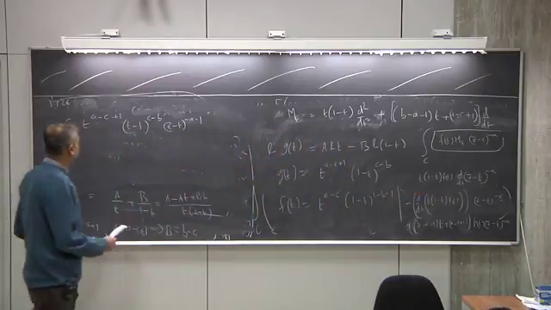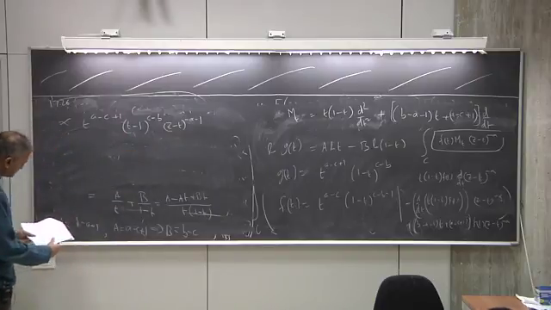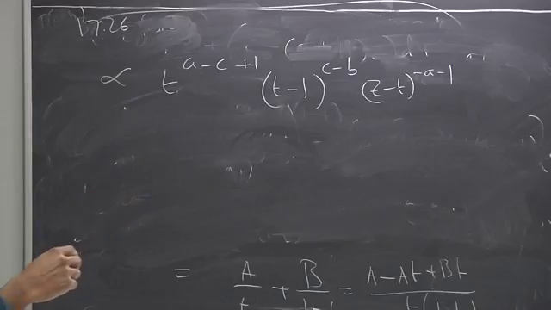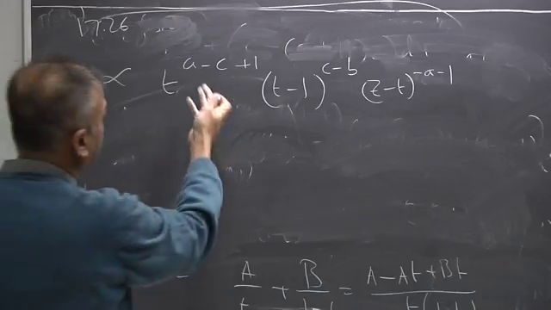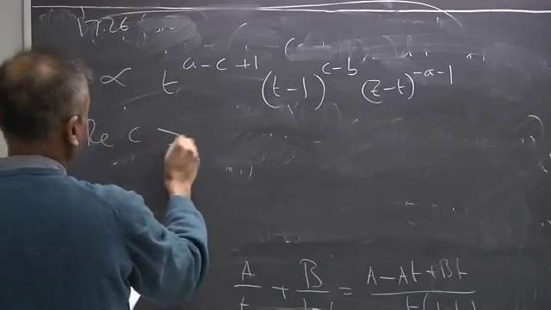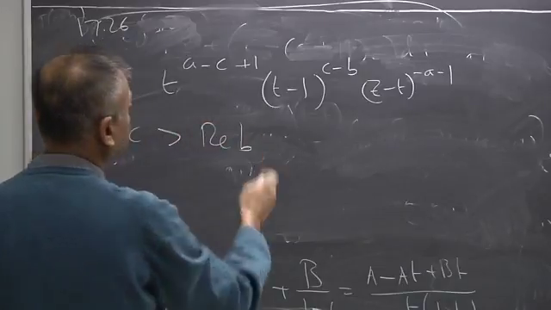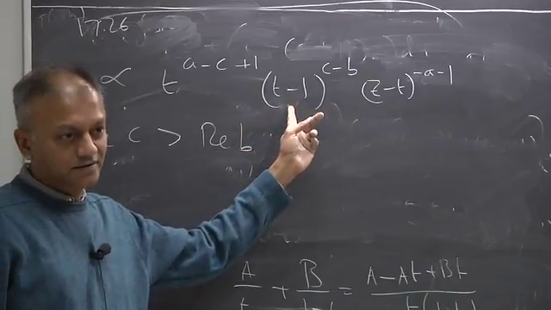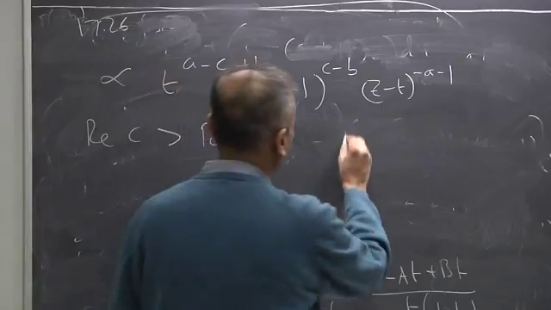So you get that. And then you want the boundary contribution to vanish, depending on the region. For example, if you choose real C greater than real B, then clearly at t equal to 1 this vanishes, right?